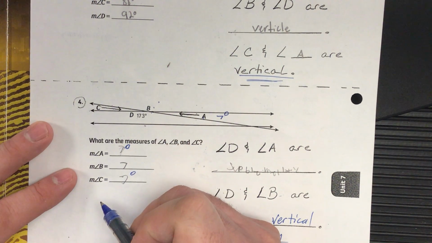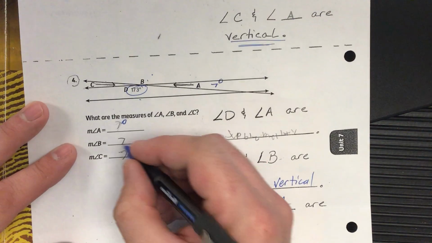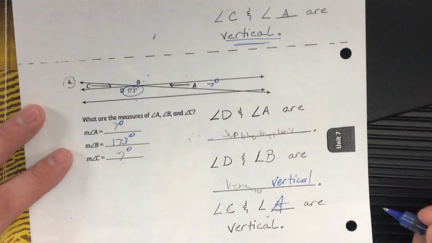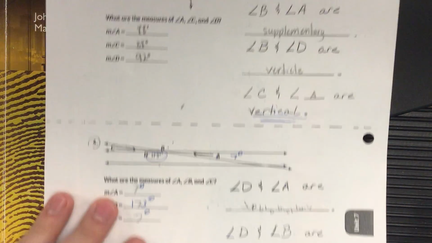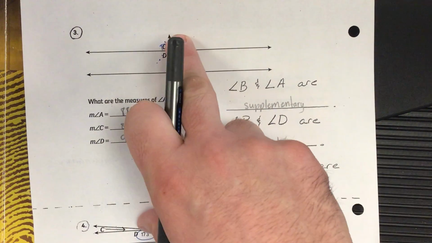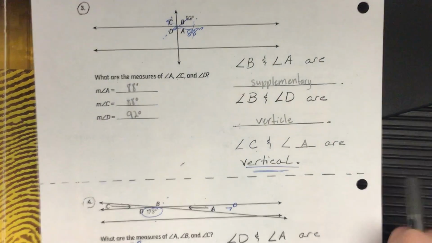It's just the same. It's across from this one. B is 173. So the whole point, guys, once you have one section, you can get the other ones.